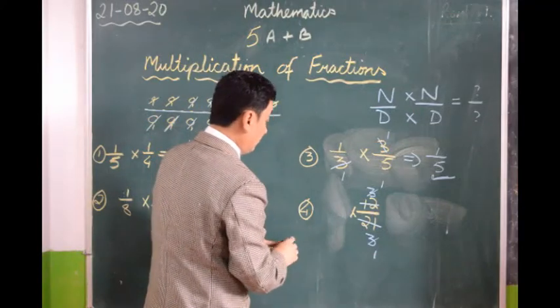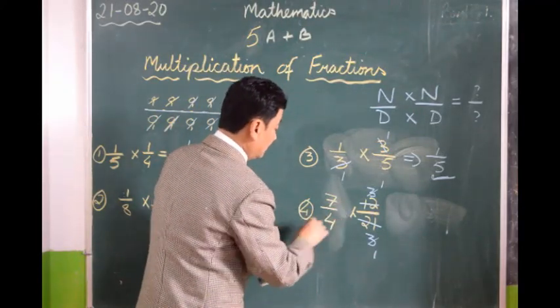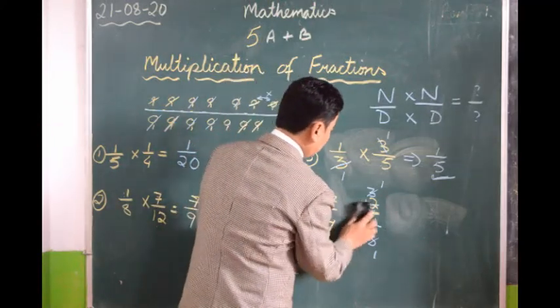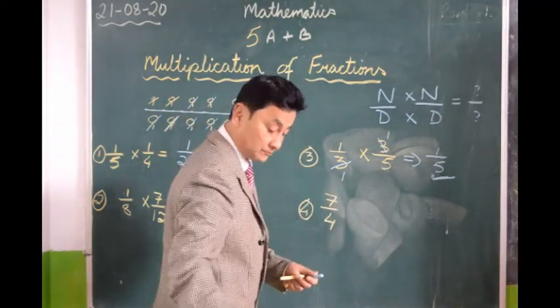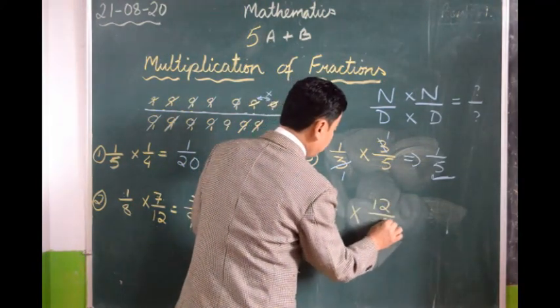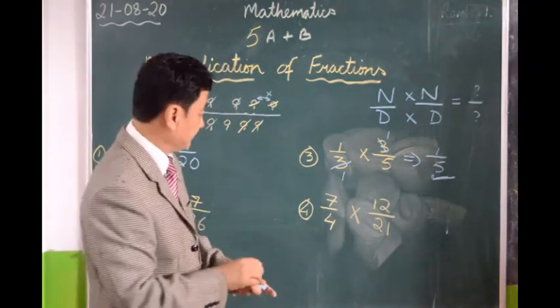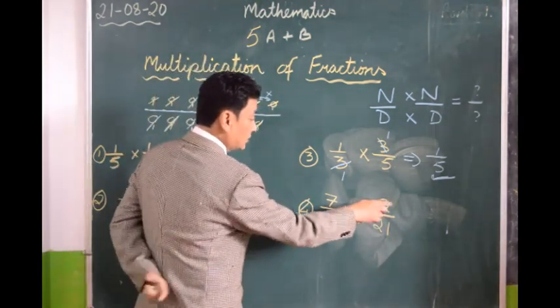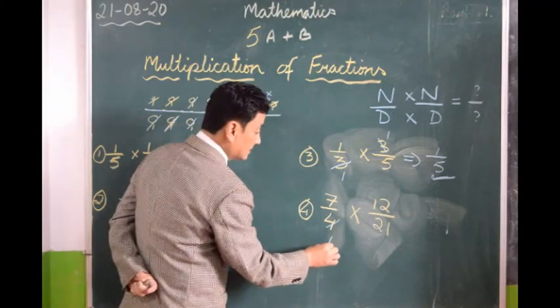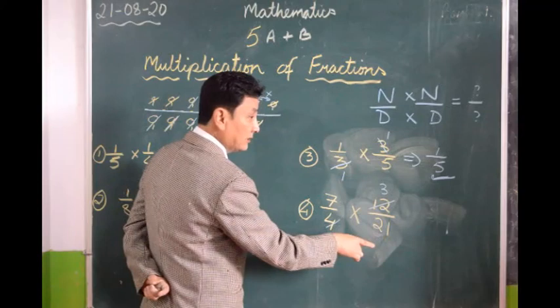7 upon 4 into 12 upon 21. So are we ready? Okay. 4 goes into 12 how many times? 4 ones are 4 threes. 7 and 21, will they cancel?